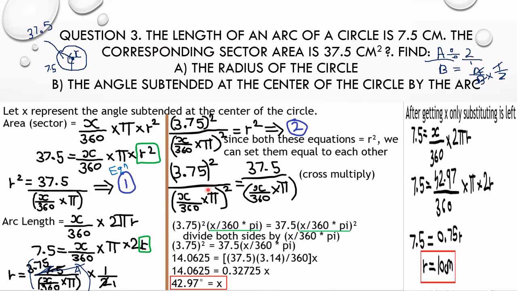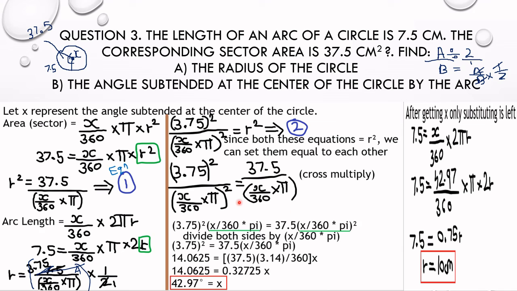Cool. Let's move on. Now if you see equation 1, we have r square, so simply I have squared both these sides. So 3.75 the whole square into x upon 360 pi the whole square equals r square. Now equation 1 and equation 2 both have r square, so we can equate them. So I've done this over here, equated both of them.